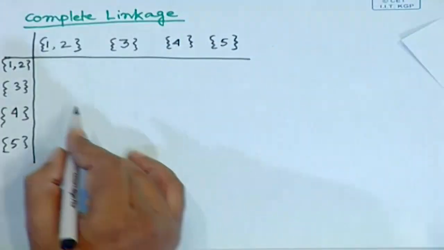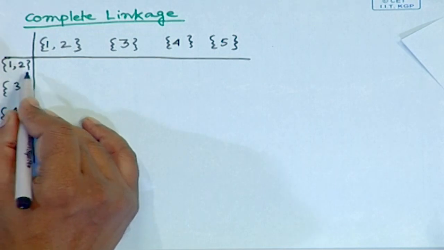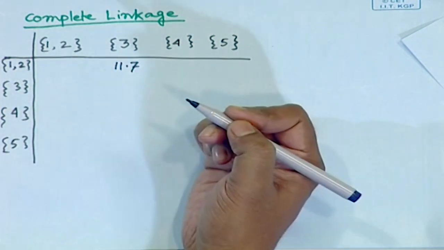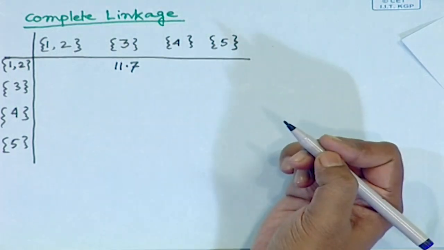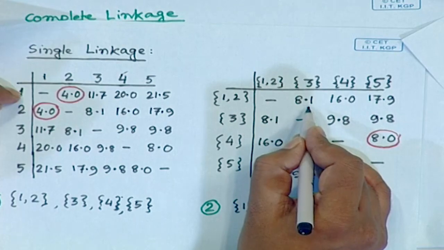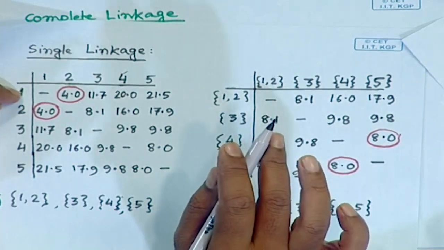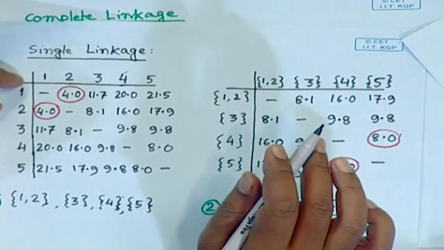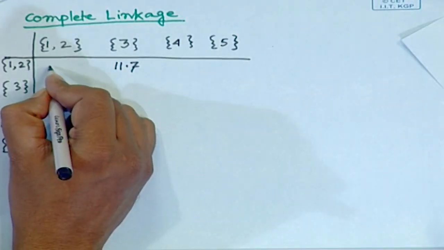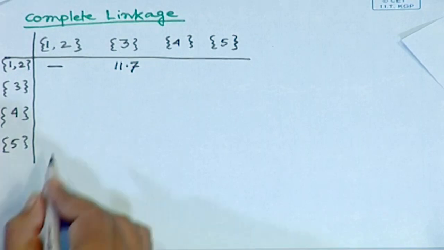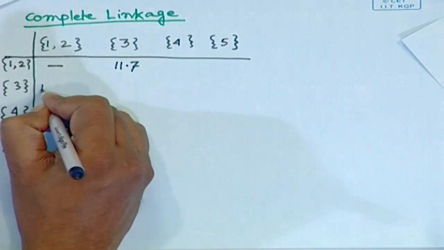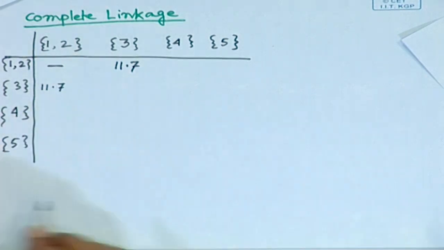So, the distance between 1, 2 and 3 is 11.7 in the complete linkage algorithm, whereas in the single linkage algorithm, the distance was the minimum value, 8.1. Is that okay? Obviously the distance from 1, 2 to itself is 0. So, this is 1, 2, 3, and here also it will be 11.7.